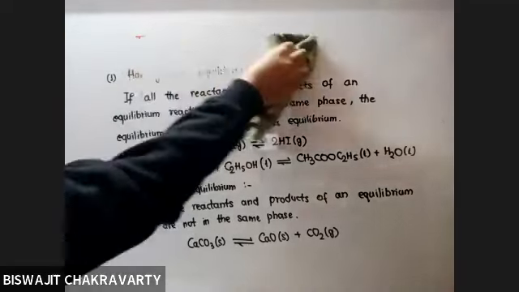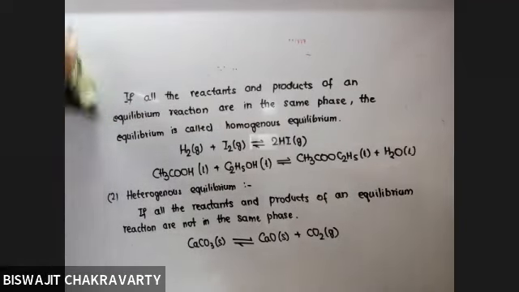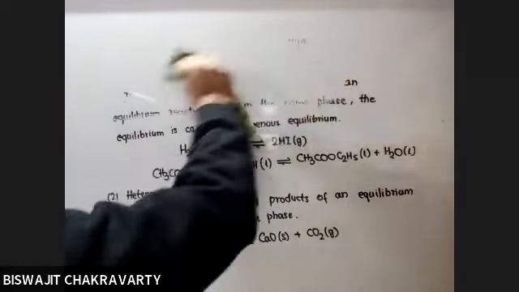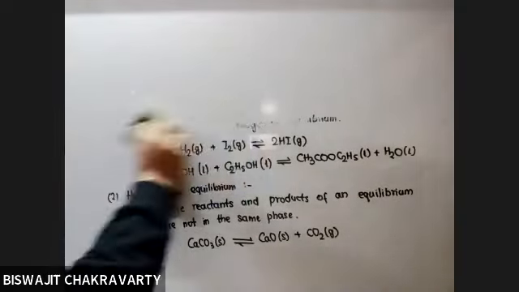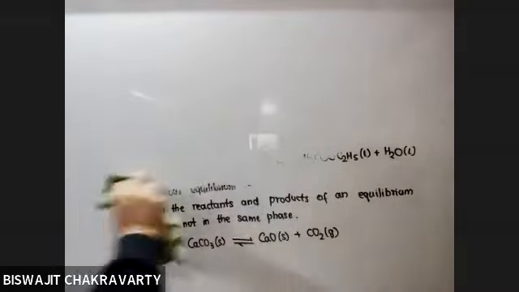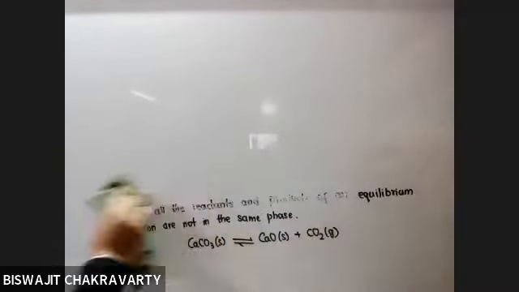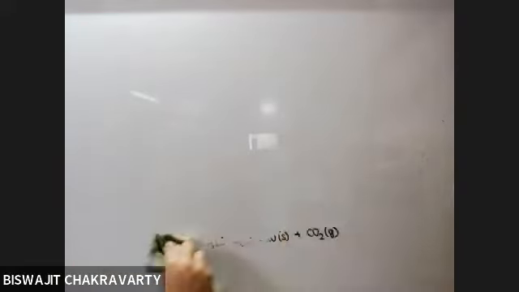So how to write down the equilibrium constant expression for any heterogeneous equilibrium? When we are writing the Kc expression, solids should not be considered, only gases and solutions should be considered.